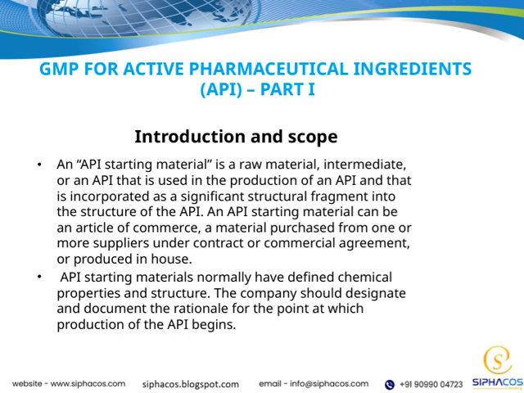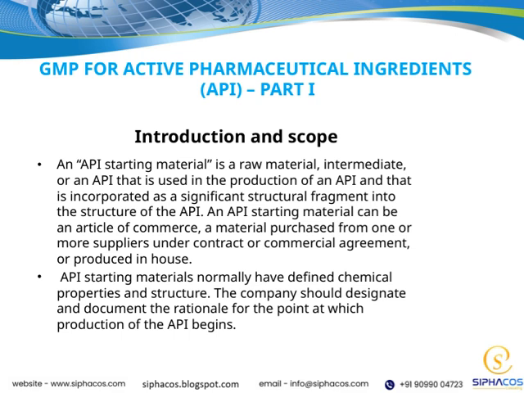An API starting material could be something you purchase from a supplier under a contract, or it might be produced in-house. It can also be an article of commerce, meaning it's readily available on the market. It's important to note that these starting materials usually have well-defined chemical properties and structures. This helps ensure consistency and quality throughout the manufacturing process.